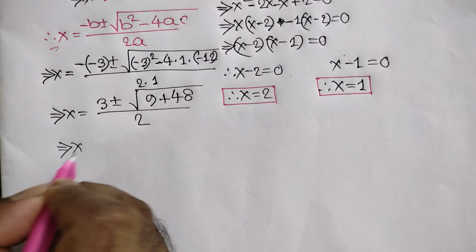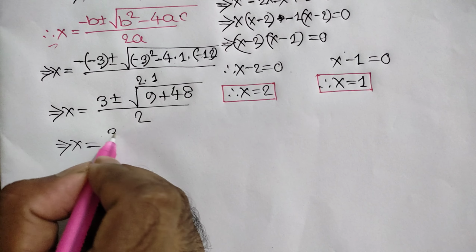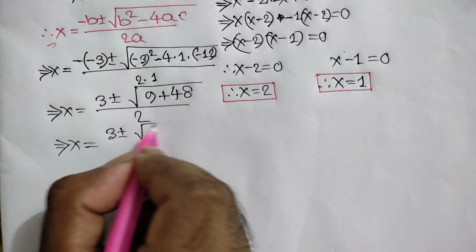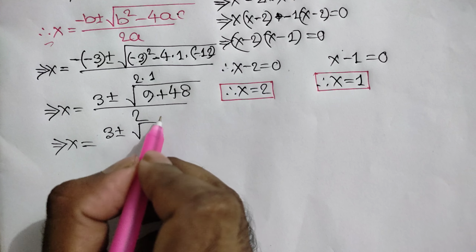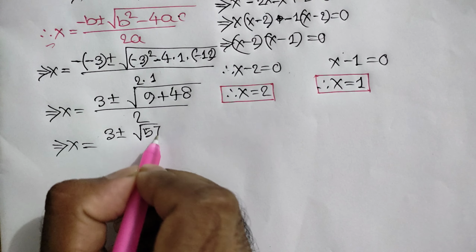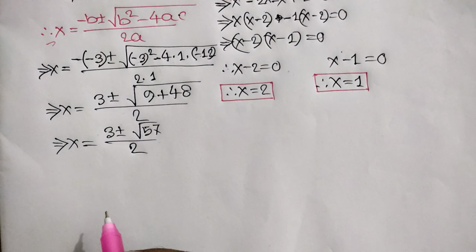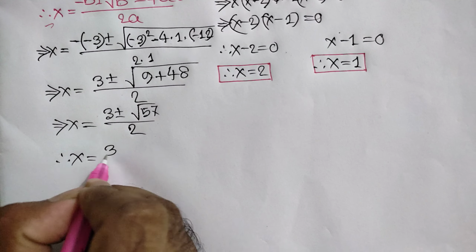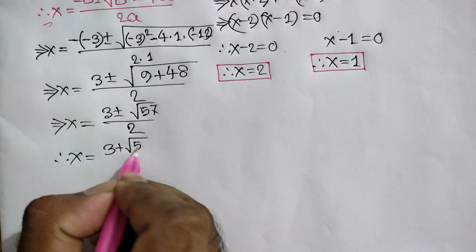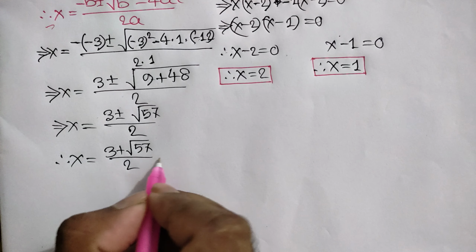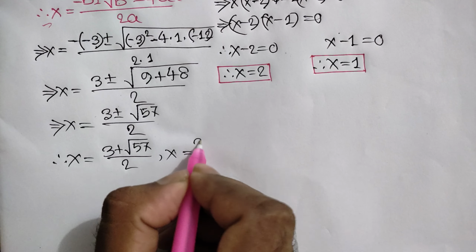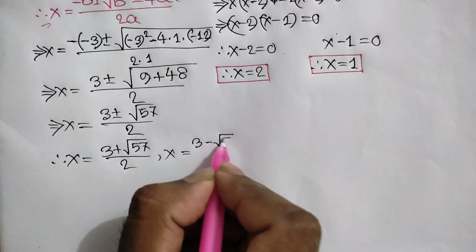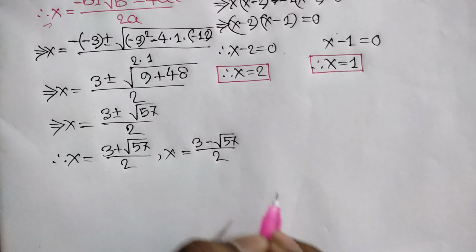So x is equal to 3 plus or minus square root of 9 plus 48 is 57, over 2. So there are two values of x: x is equal to 3 plus square root of 57 over 2, and x is equal to 3 minus square root of 57 over 2.